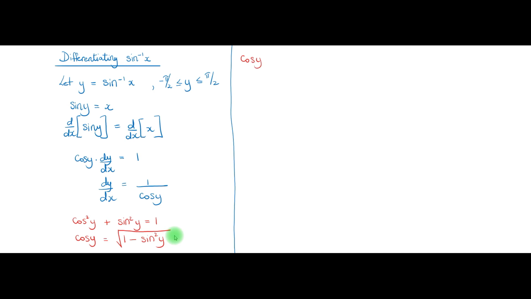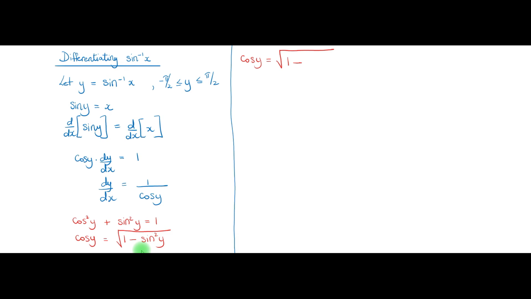So cos y then is equal to the square root of 1 minus, and remember we connected it to sine y in order to use this variable x. So 1 minus sine squared y would be 1 minus x squared, because the x is sine y.